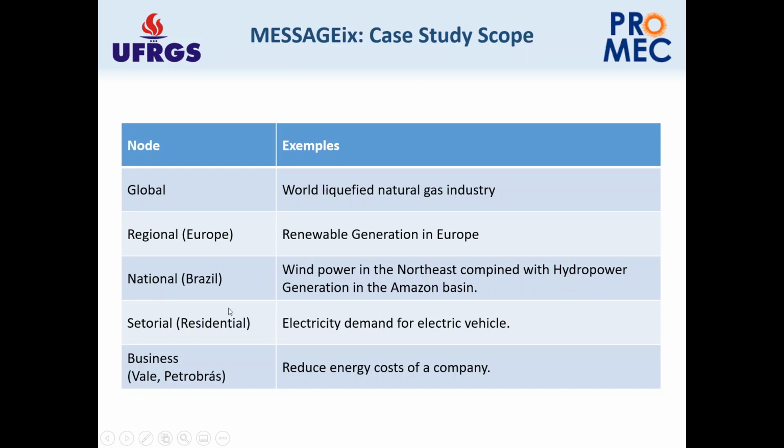Sectorial analysis, for example, electricity demand for electric vehicles. Maybe you want to buy an electric car, have solar panels at your house, charge the battery with the solar panels, and use the battery in your car to supply your electricity demands. You can also use MESSAGE for that. It might not be the best tool to do this, because there are tools that already do this much more easily, since all the infrastructure is ready.